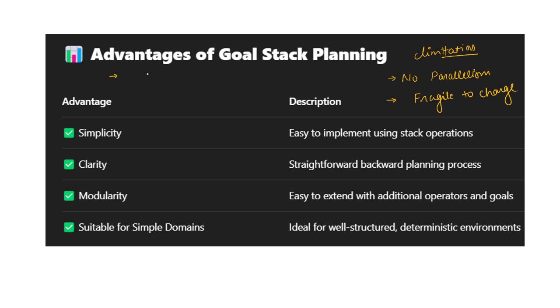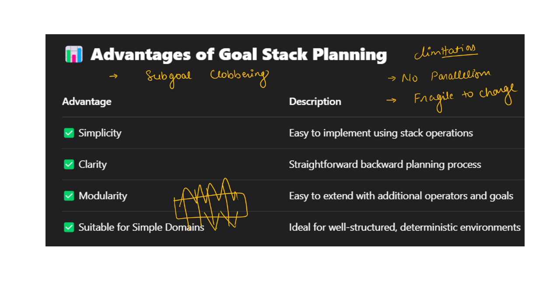Another point can be sub-goal clobbering. Actions for one goal might interfere with another, that is sub-goal clobbering. As we have discussed earlier, one big goal is divided into sub-goals and we need to achieve these sub-goals in a structured manner. Sometimes sub-goals interfere with each other.